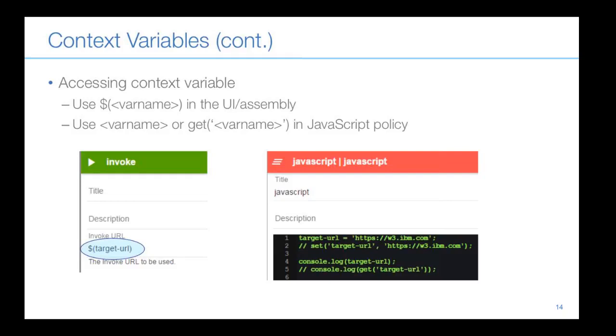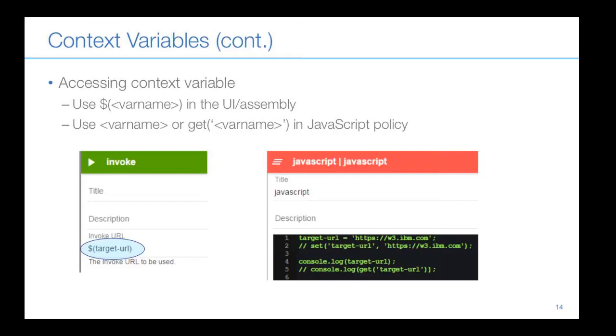On the API UI, you drag and drop an invoke policy to the flow, and you want to access a specific context variable. In this example, what you see is target URL. What you need to do is put the dollar sign and parentheses in front of that variable name. That's how you do it if you want to access a context variable on the UI.